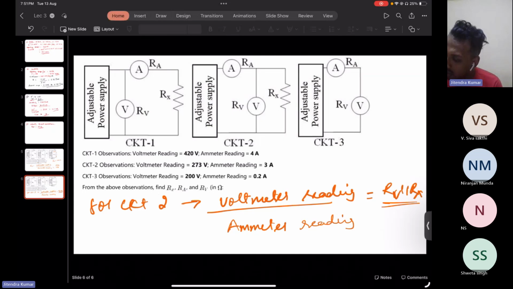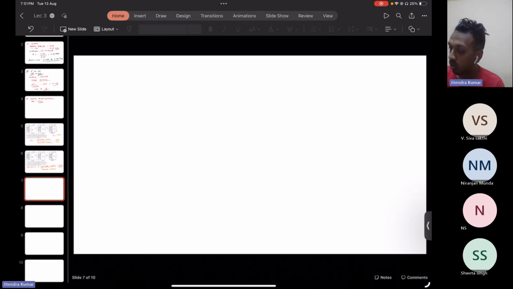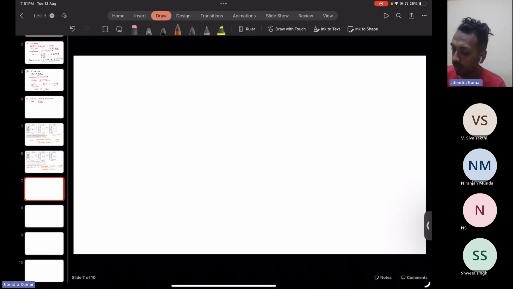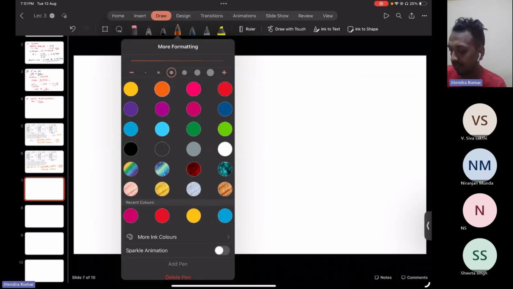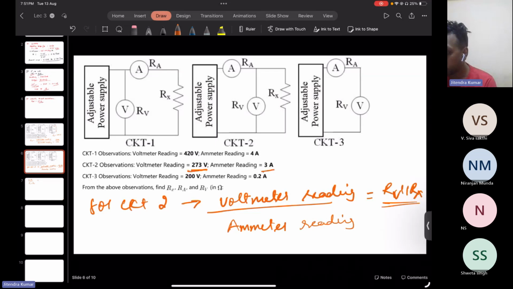So now we just need to compute RV parallel to Rx. So RV Rx divided by RV plus Rx is equal to the voltmeter reading for circuit 2, which is 273, by 3 ampere.